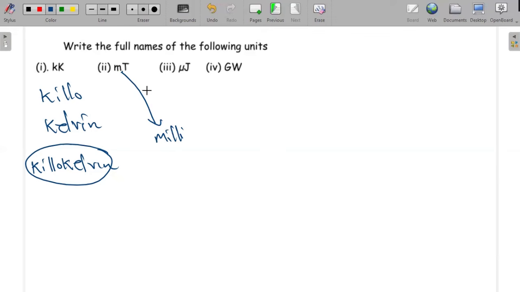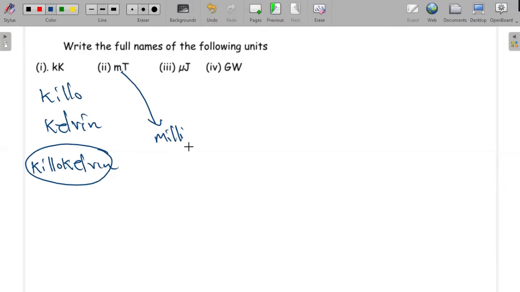I'm getting a lot of answers. There's tera, tetra. I can't really get what you people are saying. Temperature?